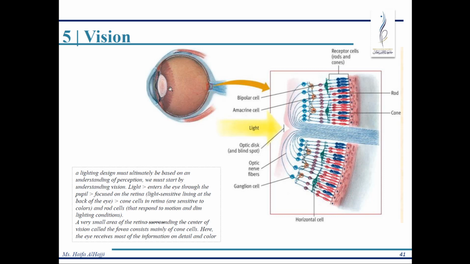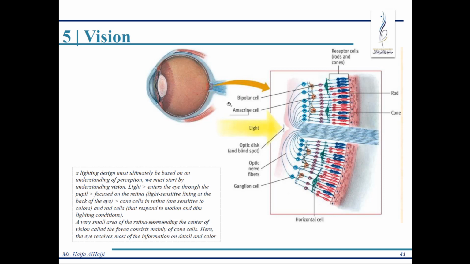So this is where we can see how luminance and brightness are being affected. Sometimes we have a certain level of luminance, but the eye is adapted to a high level of luminance, so the pupil is going to close slightly, which is going to affect the brightness level or luminance level.